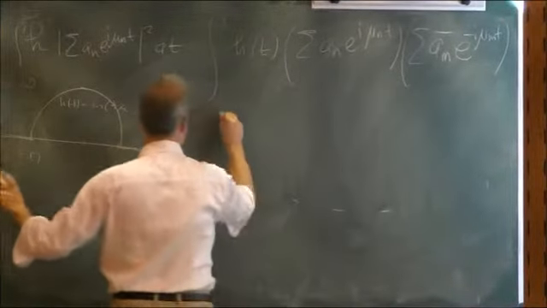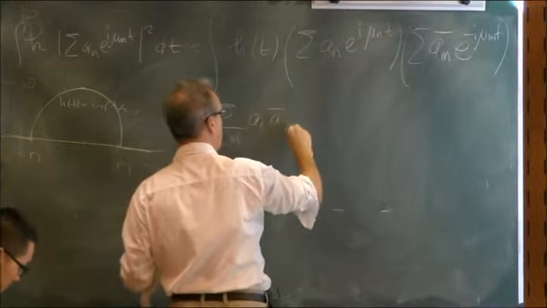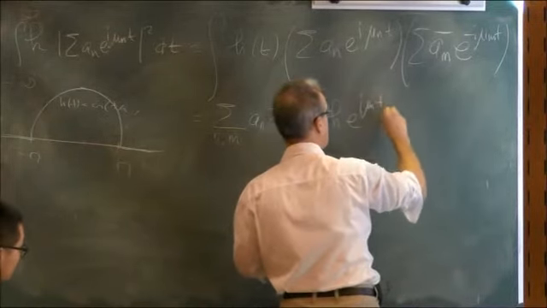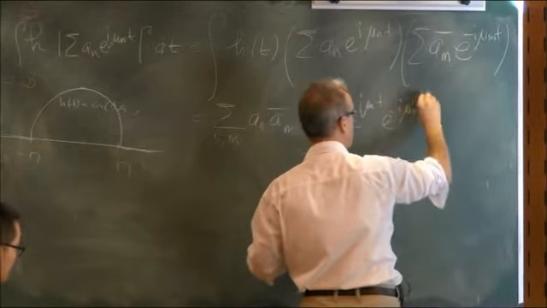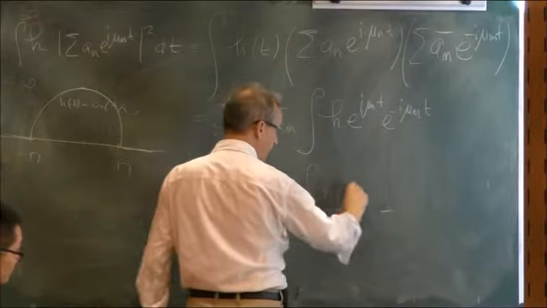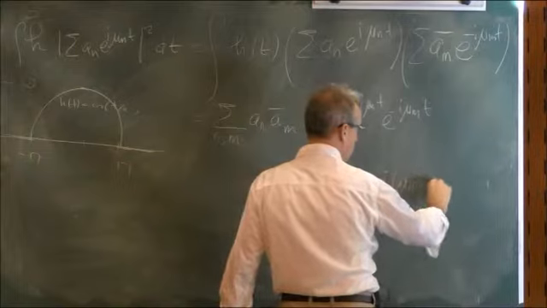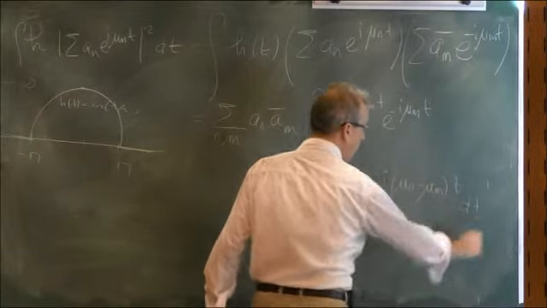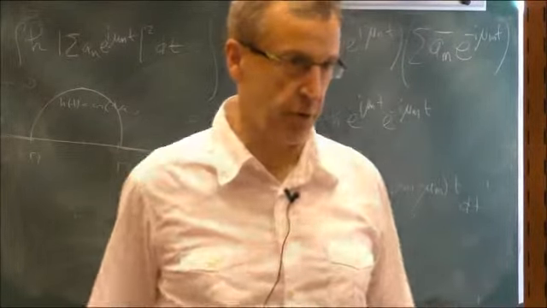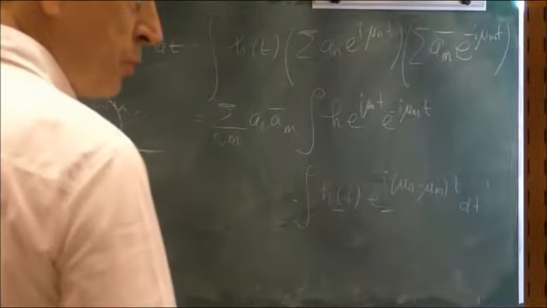And then I get a double sum of a_n a_m bar times the integral of h exponential i mu n t exponential minus i mu m t. And this is the integral of h(t) exponential i (mu n minus mu m) t, right? And then you all agree that this is the definition of the Fourier transform of small h at the values mu n minus mu m, right?